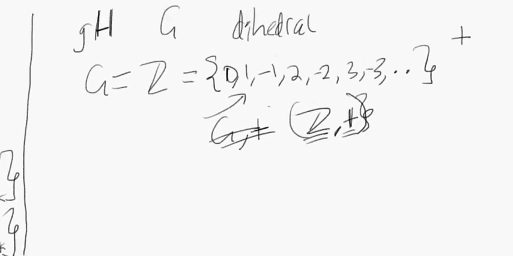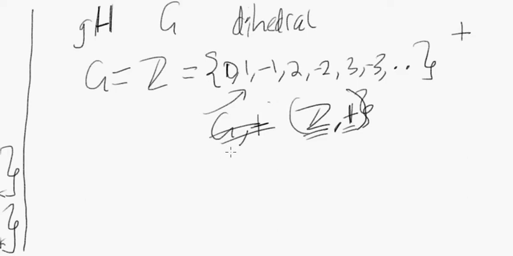And so a natural question to ask is, maybe we can form some cosets out of this. In particular, let's pick the set of, what are we going to pick? Integers again, positive integers perhaps.